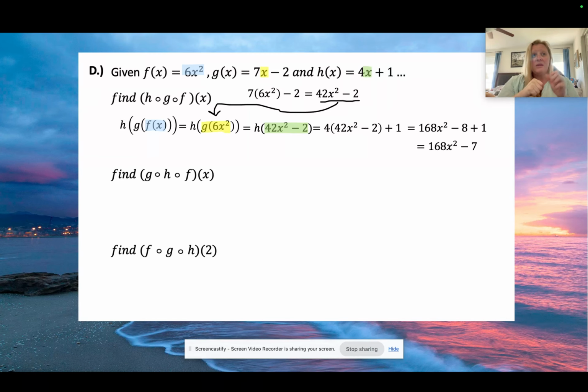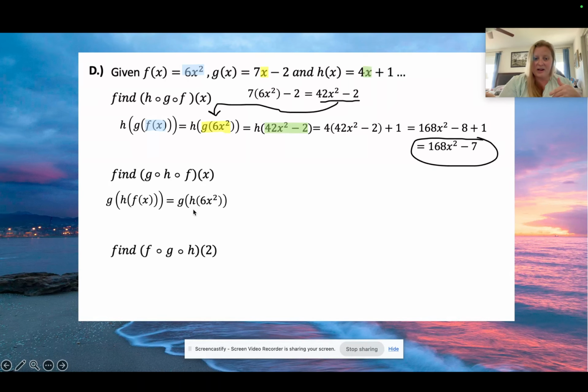So replacing and then plugging in, and then replacing and then plugging in is kind of the game that we're playing here. Let's try it again, but let's switch the letters up. Let's put the g out front, and then the h, and then the f. The first thing I'm going to do is replace f of x with the f of x formula. You see how I lost that f, and now I just have 2 letters.